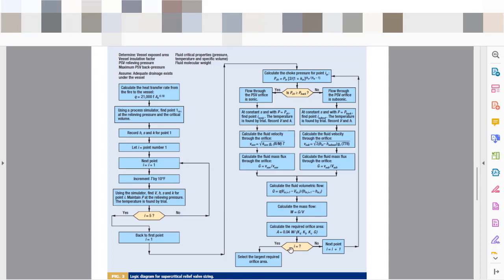With this, you will have a series of orifice calculations, and you need to verify which is the biggest one. It is important to mention that ICs on safety analysis perform the supercritical calculations based on Ryan's procedure.